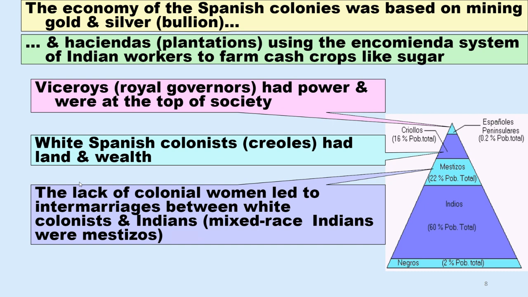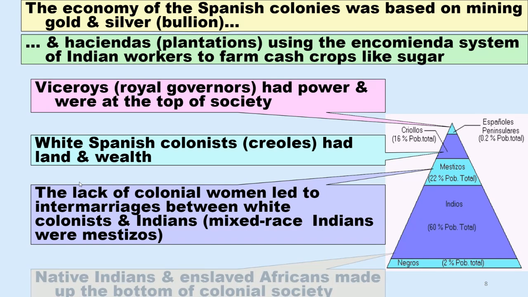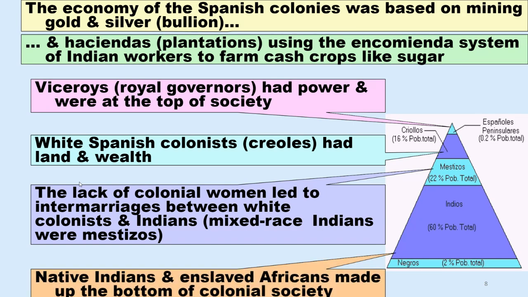That is a mix between people of Spanish descent and then American Indians. And then at the bottom of Spanish society's pyramid, you have people that are purely American Indians, and then people that are stolen from Africa and brought to the New World and enslaved.